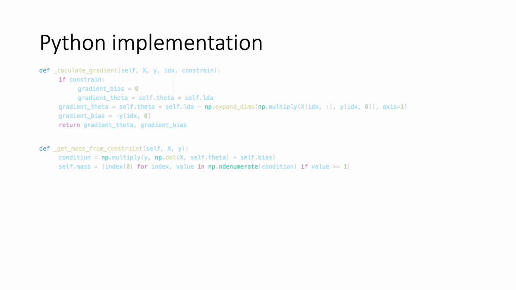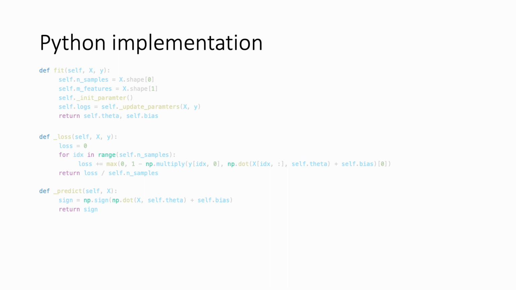To calculate the gradient, we use the multiply function, which is convenient in the NumPy library, to calculate the gradient of theta. The fit function will call the init parameter and update parameter functions, and the fit function will return theta and the bias term.